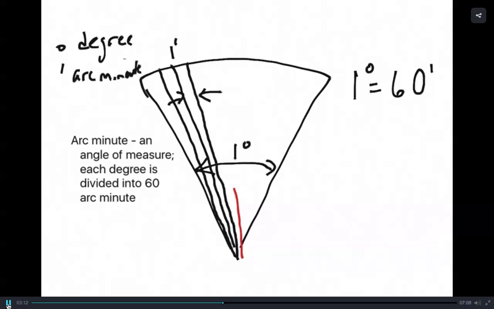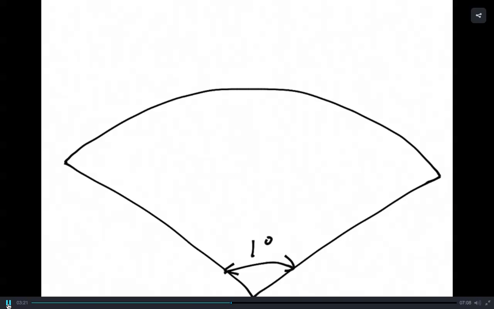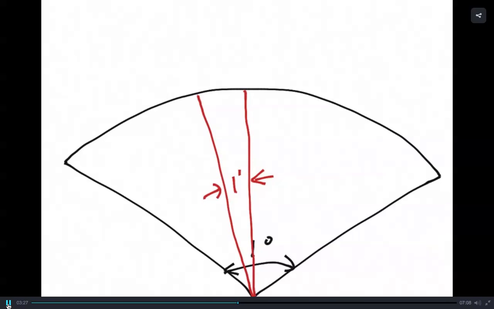Now let's divide this one tiny arc minute pizza pie slice into 60 more slices, but let's enlarge it in the next diagram. So if this is an image of a 1 degree pizza pie slice, then this slice in red is 1 arc minute of a slice. And there are 60 slices that make up 1 degree. And of course I'm not drawing it to scale. Now what if I were to divide this one little tiny pizza pie slice into 60 more slices?